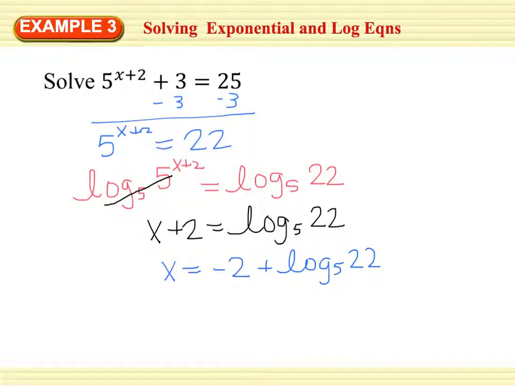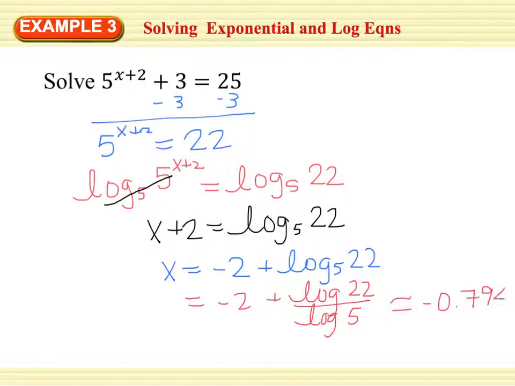Now if you want to type this in your calculator, remember you are going to have to do the change of base in here. So this tells me then that x is equal to -2 plus the log of the tall, or log of 22, divided by the log of the short, or log of 5, and this is approximately equal to -0.794.